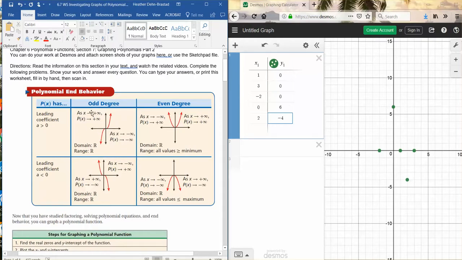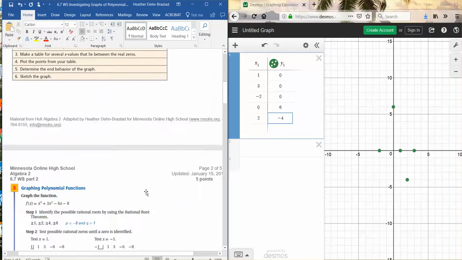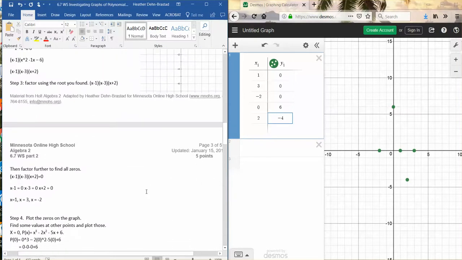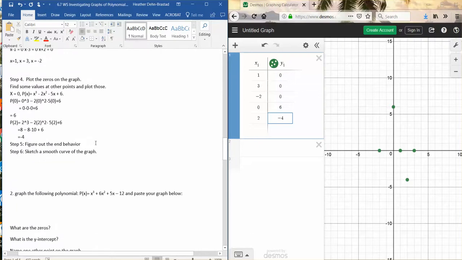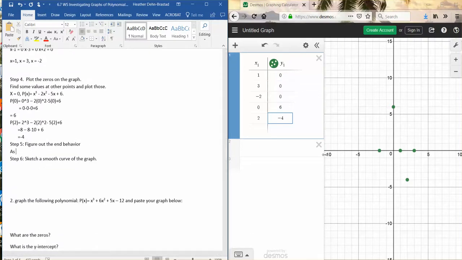As x approaches infinity, the function is also going to approach infinity. So my end behavior is as x approaches infinity, my function is also going to approach positive infinity.